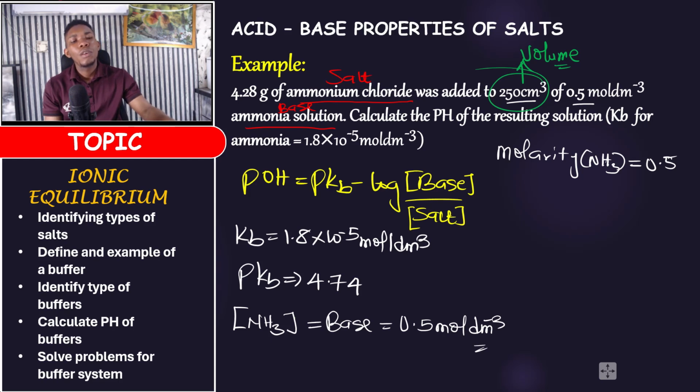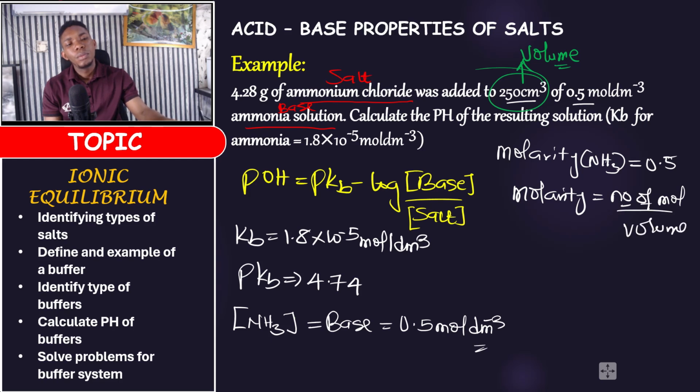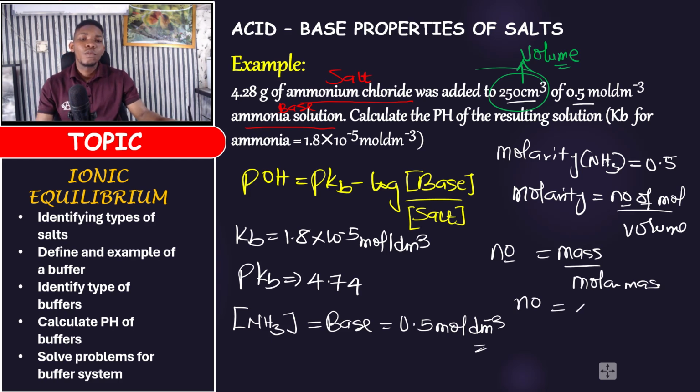We say molarity is number of moles over volume. Number of moles, on the other hand, is mass over molar mass.